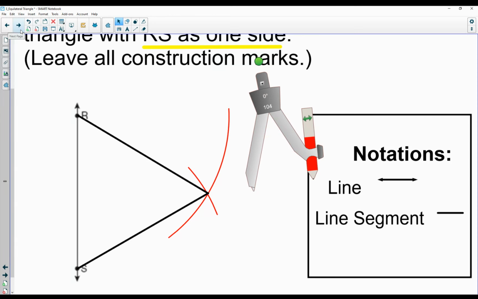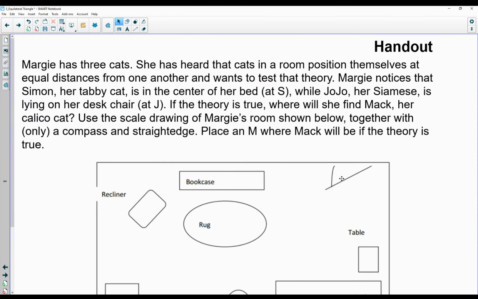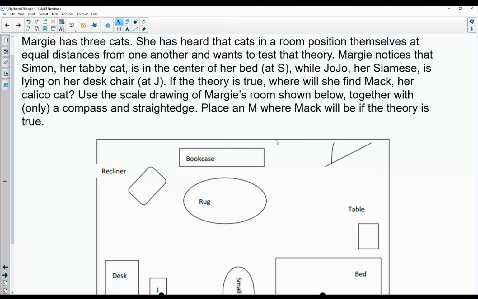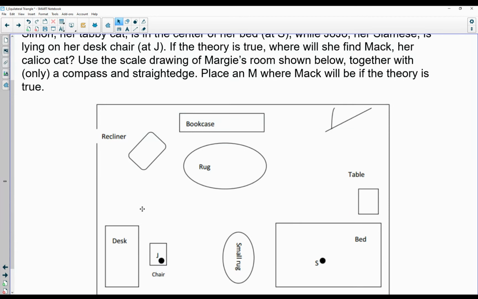Okay, and then finally we have this little situation, and I like this scenario. Margie has 3 cats, and there is this theory that the cats in a room position themselves so that they're equal distance from one another. She wants to test this theory, and she notices that she has one cat on her bed and another cat on a chair in her room.